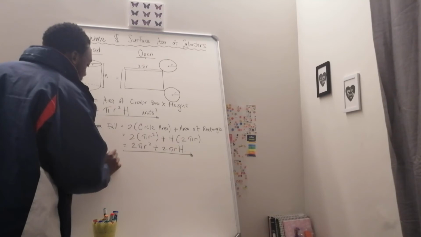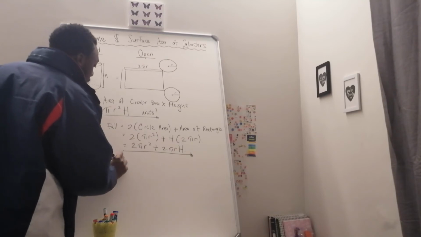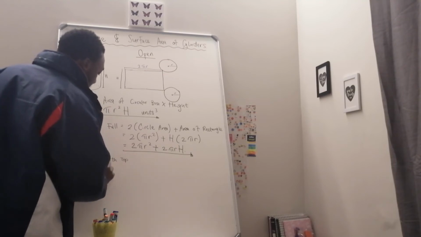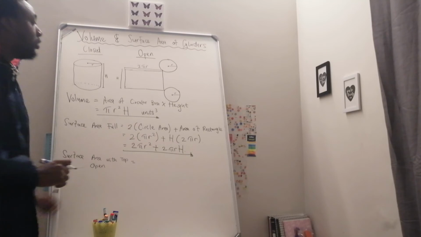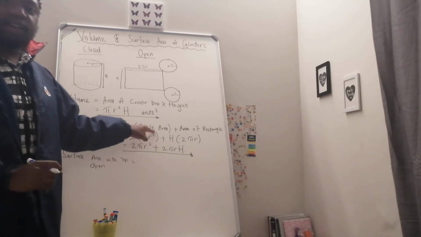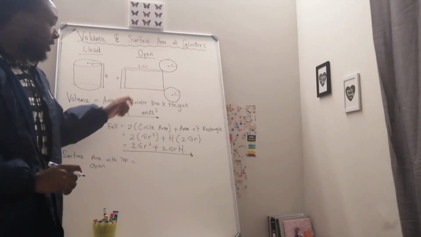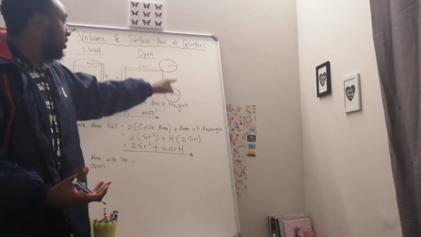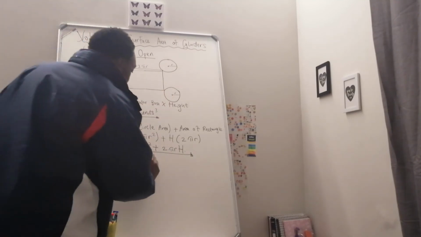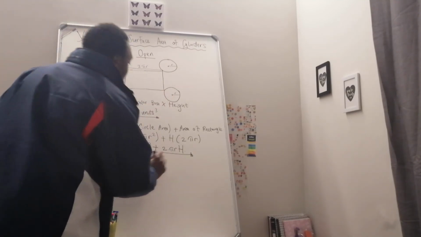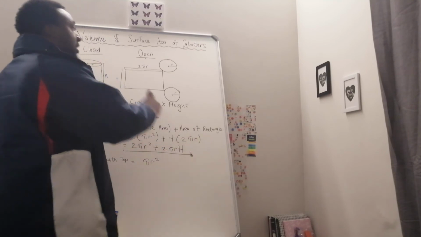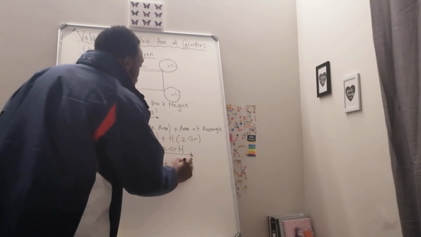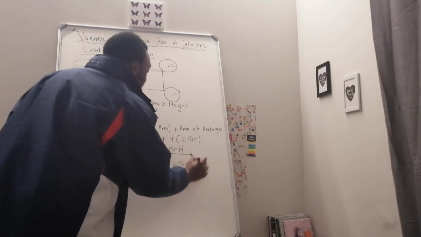So the surface area with top open is equal to, remember we took 2 of the circle area, right? In this case, one of them is not there. So the top is not there. We just have the bottom. So it will just be pi r squared. And this part stays the same. The rectangle is always there. So that stays the same. Plus 2 pi r h.